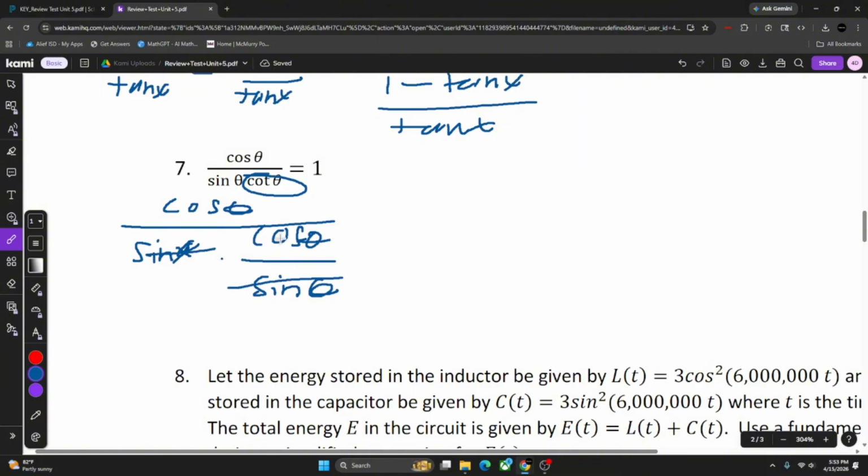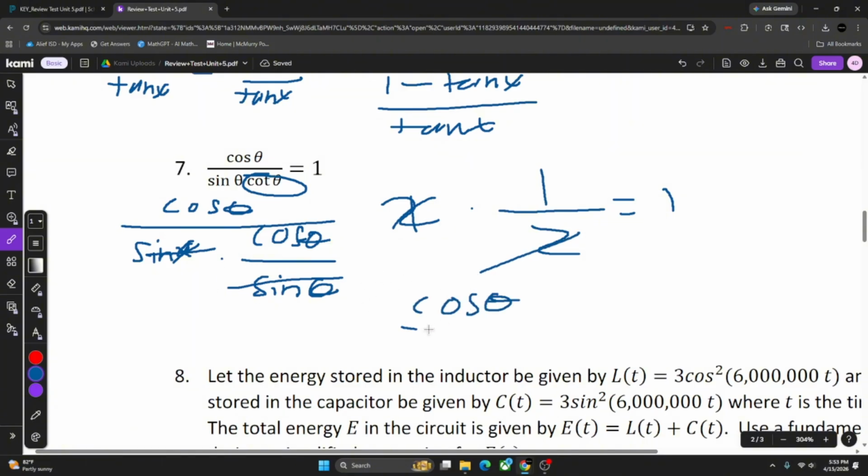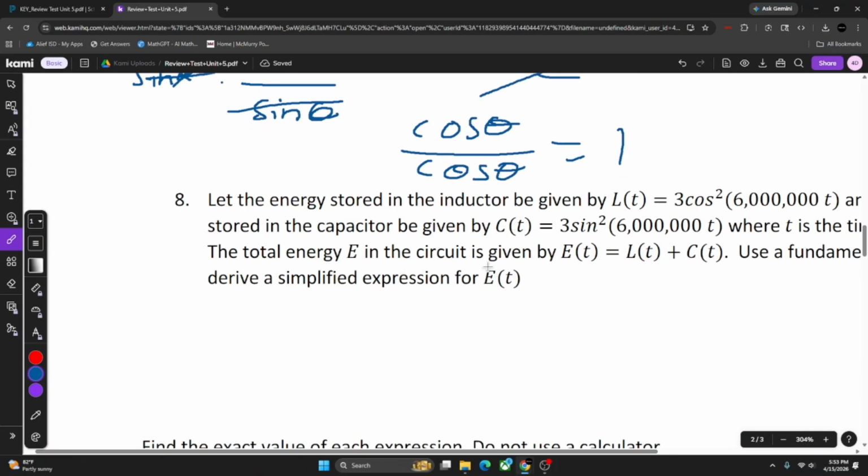Because when you multiply, if you have 2 and then you times its reciprocal, it equals 1. So it just goes away, and it just leaves us with this, and that equals 1. So that's all you have to write to prove it.